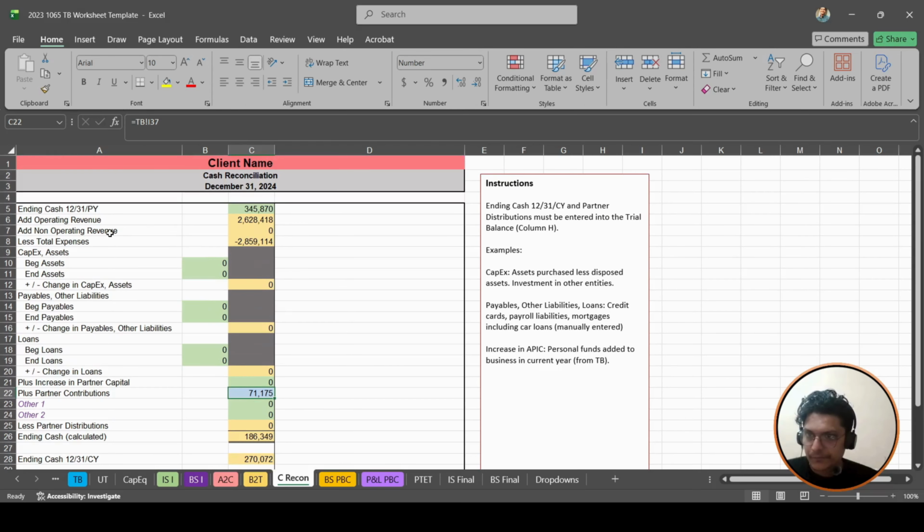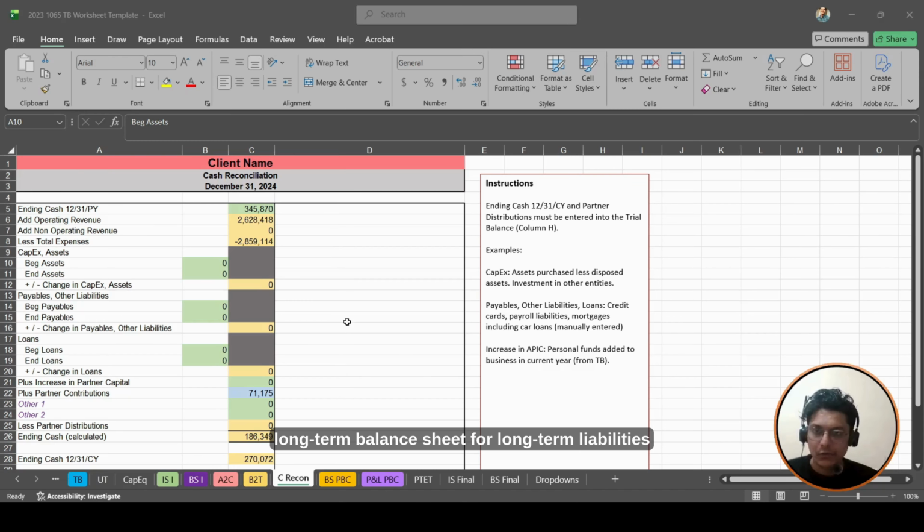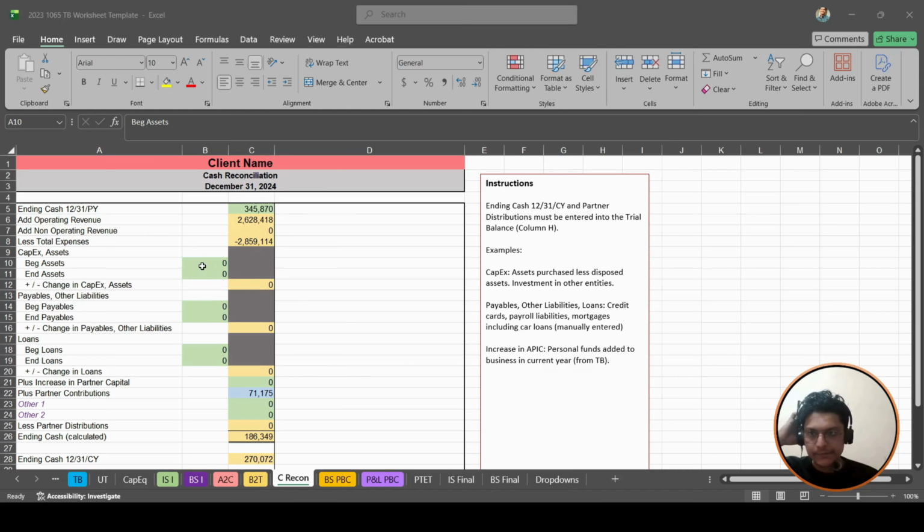Total expenses, beginning assets. We are not taking the balances of the long-term liabilities because there is no change in the long-term liabilities.